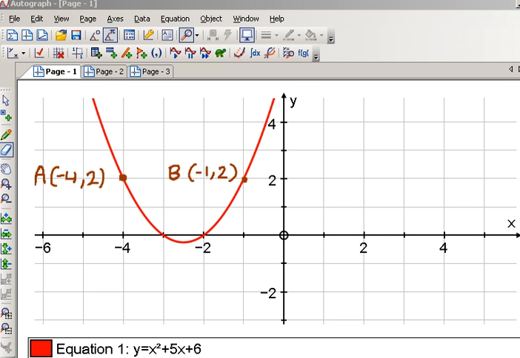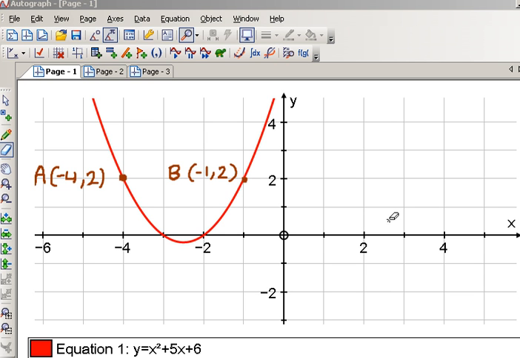This is the graph of y equals x squared plus 5x plus 6. I've marked 2 points on here. No reason for picking these 2 points. We're just going to have a look at what happens to the coordinates of points on the curve after doing the translation. Okay, so we've got this.